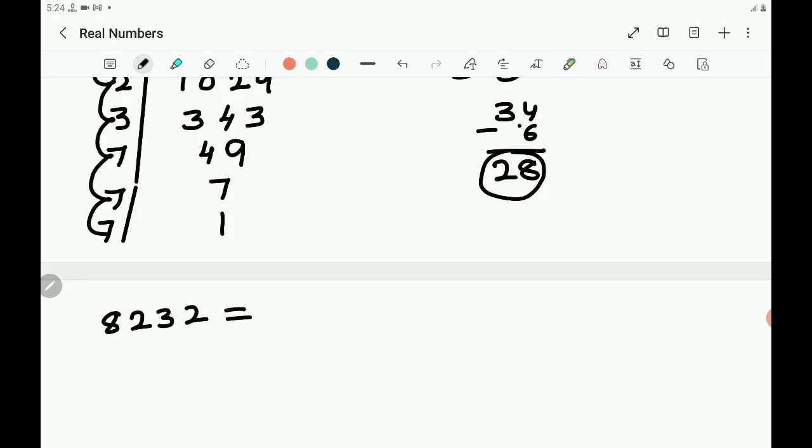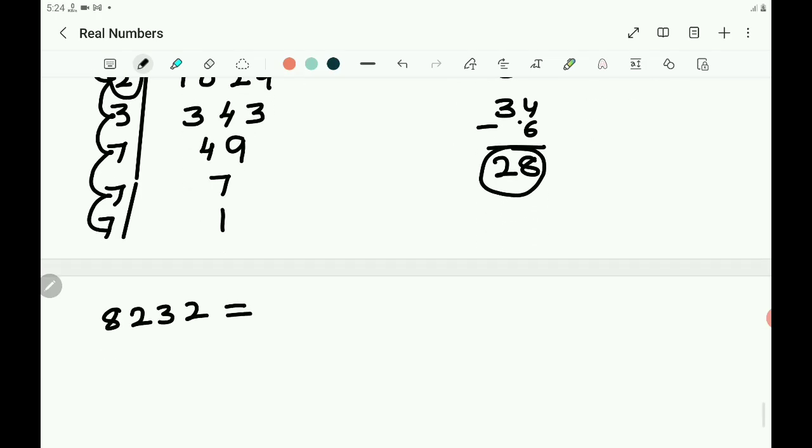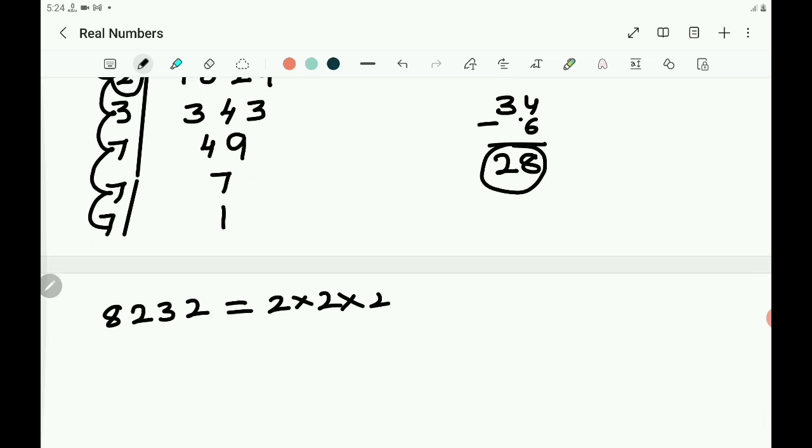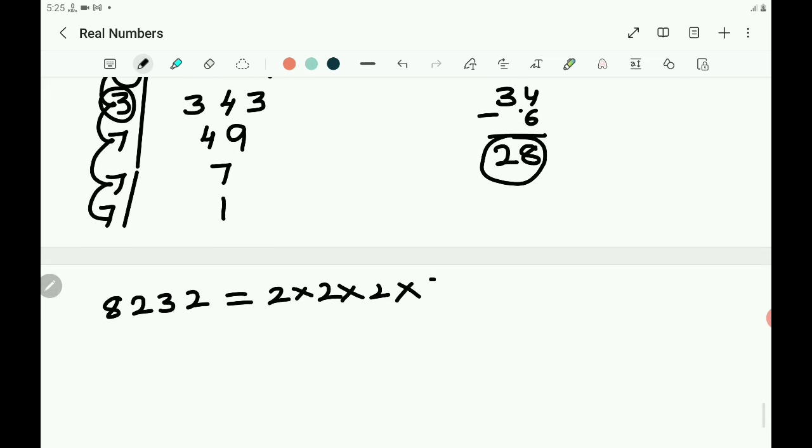8232 equals 2 into 2 into 2, next 3, into 7 into 7 into 7.